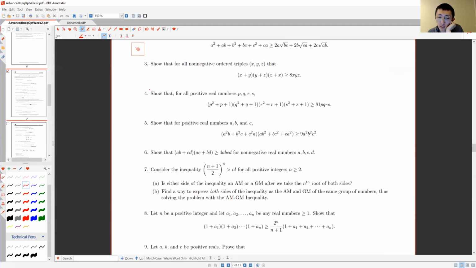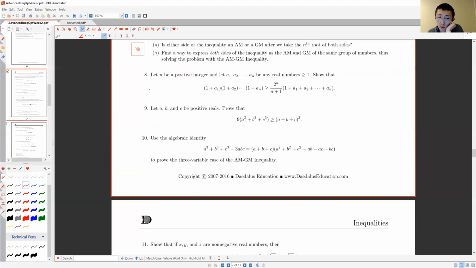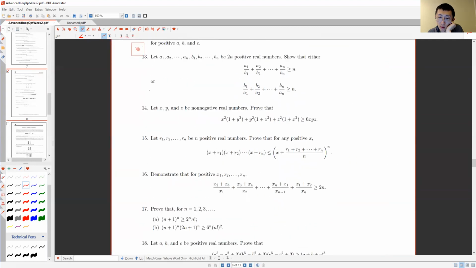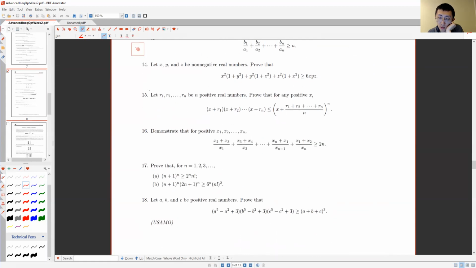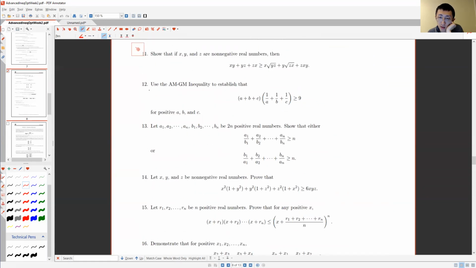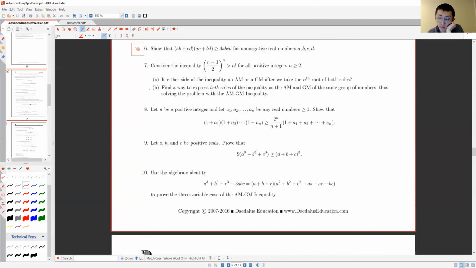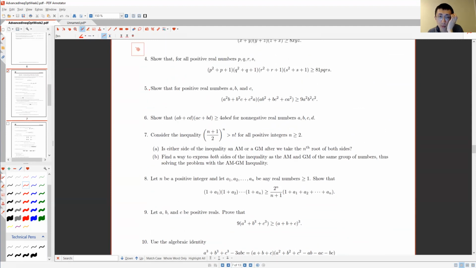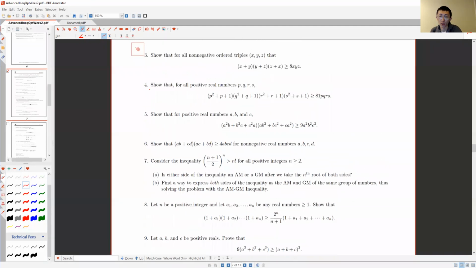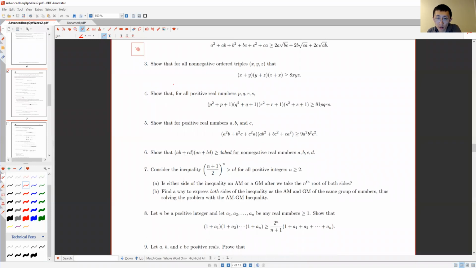The problems I consider fun are number 7 is cool and number 12 is fine, I suppose. 17 is also kind of cool, I suppose. And yeah, you should try the problems. So I'm just gonna leave this up here for now and give you some time to work on them. We got up to number 3, so you can just start at number 4 if you want, but I'm gonna take a break from talking for right now.